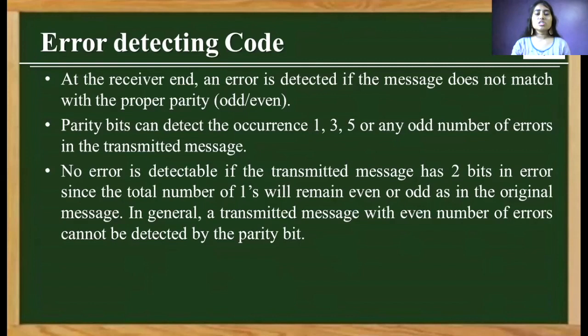That means whenever 2 bits get corrupted, the receiver can't detect the error. In general, a transmitted message with an even number of errors cannot be detected by this parity bit method. So if 2 bits got corrupted, then the receiver can't detect this error.